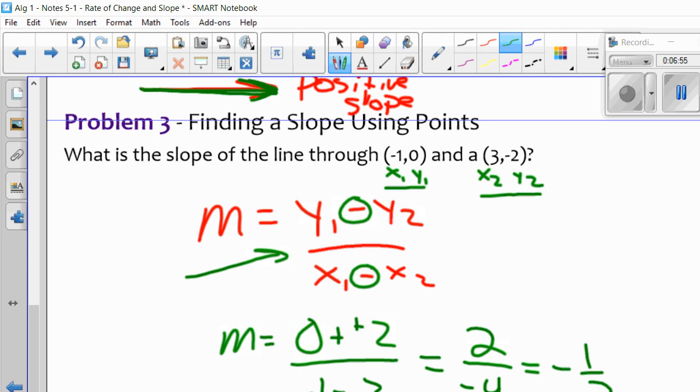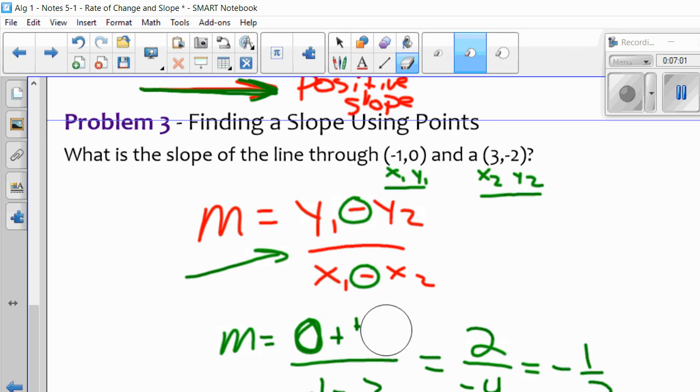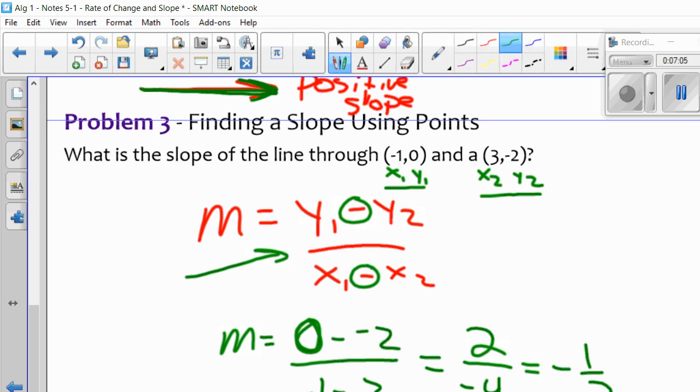And after that, then we go and plug it in. So my first y value was 0, and it was subtracting, let me erase this and start over again, it was subtracting a negative 2. Okay. My x value was negative 1 minus, you have to remember these minus signs are part of the formula, minus 3.